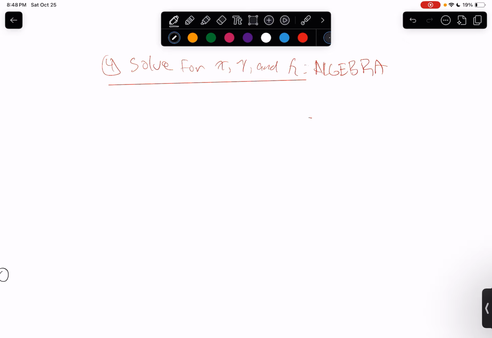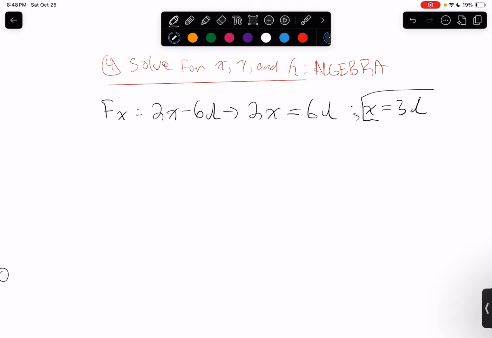First, we're going to take this capital Fx equation to get x alone. So we see that 2x minus 6 lambda equals 0 is going to go ahead and equate to 2x equals 6 lambda, with x equating to 3 lambda. That's what x equals for now.